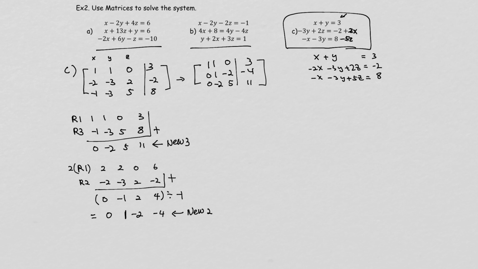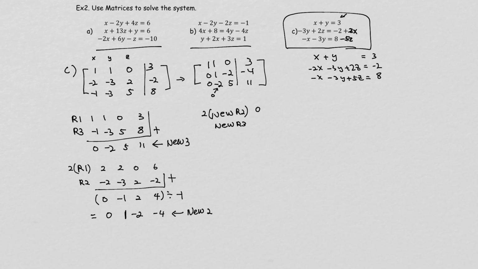Now let's try to make solution row 3. Solution row 3 means you wanted to make this one 0, right? In order to do that, maybe I will use the new row 2 with new row 3. In order to make it opposite, I will multiply new row 2 by 2.